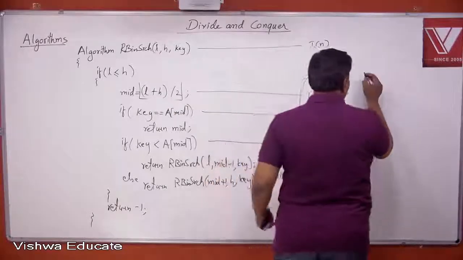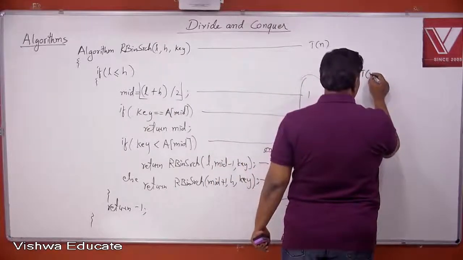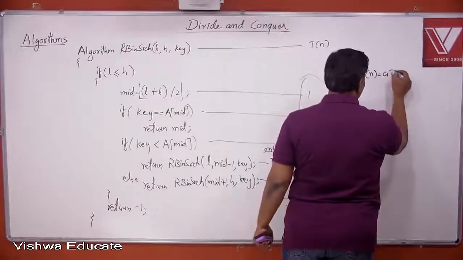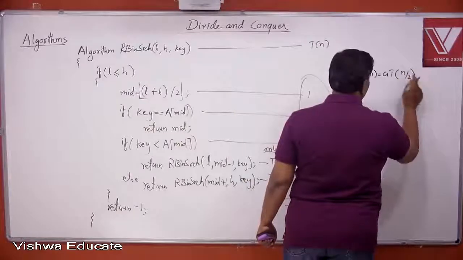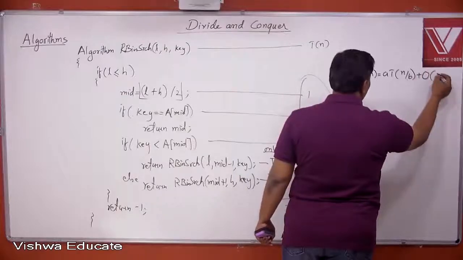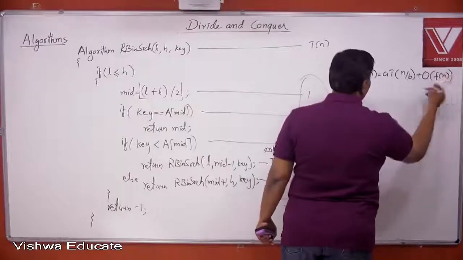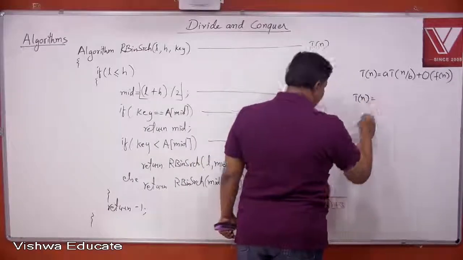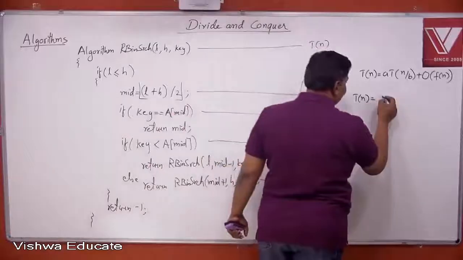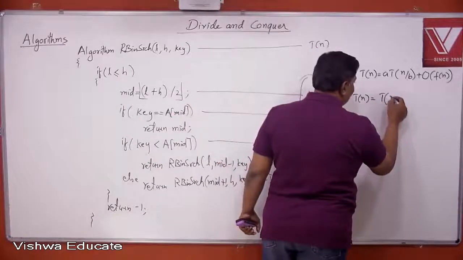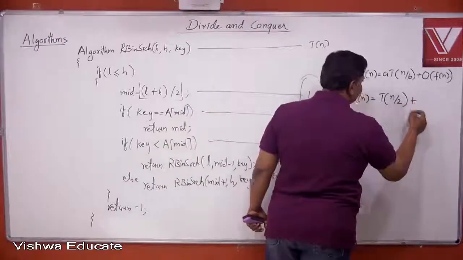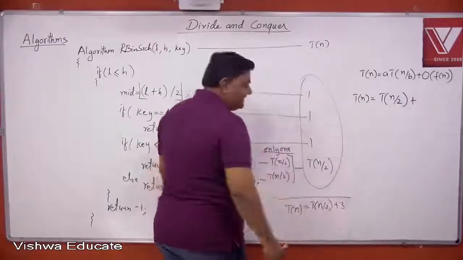Now here I will write down. We write a recurrence relation in general form like this. T(n) = a T(n/b) + big O of f(n). So let us write it. T(n), a is 1, nothing is there, so just write T(n/b), b is 2, plus this is 3.